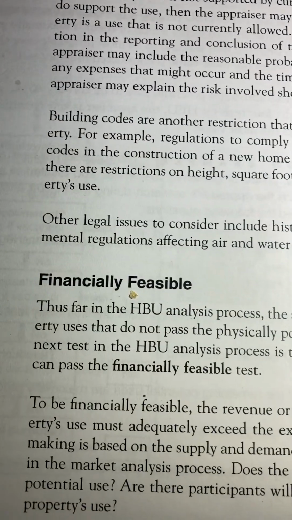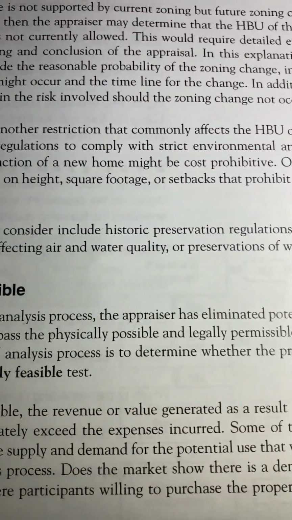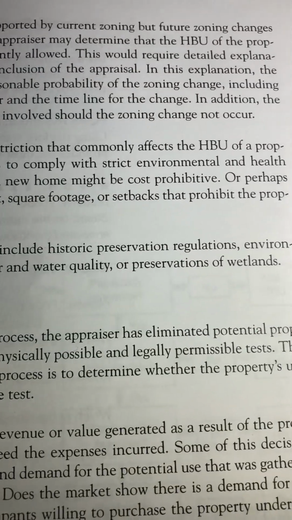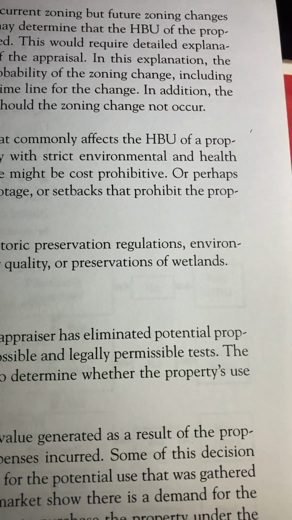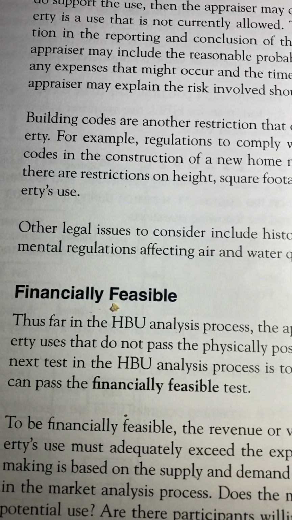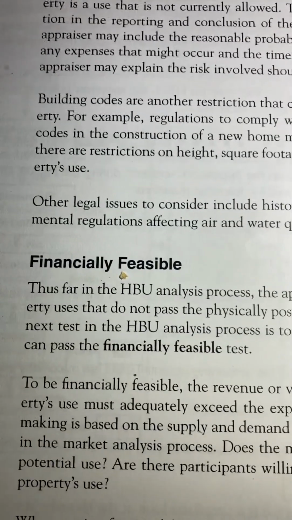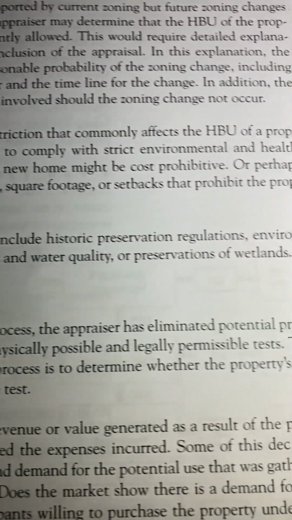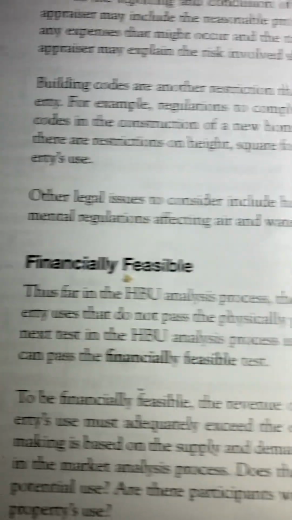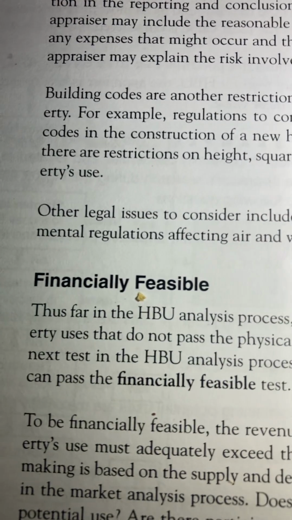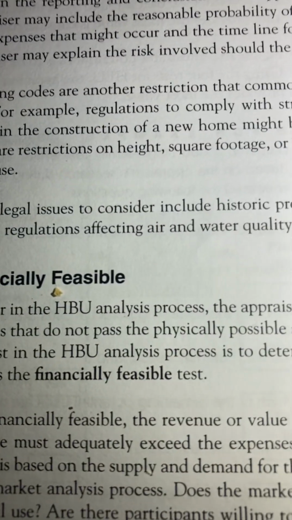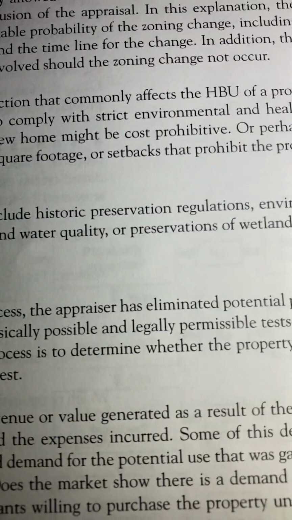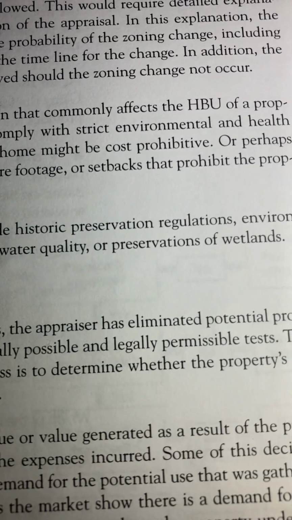Or perhaps there are restrictions on height, square footage, or setbacks that prohibit the property's use. Other legal issues to consider include historic preservation regulations, environmental regulations affecting air and water quality, or preservations of wetlands.